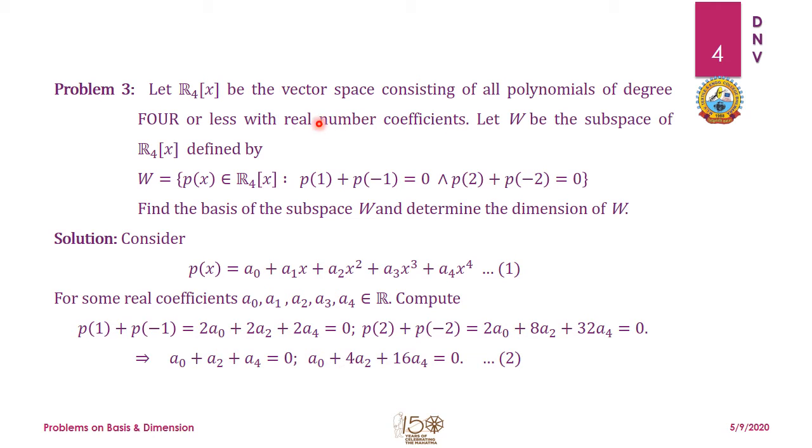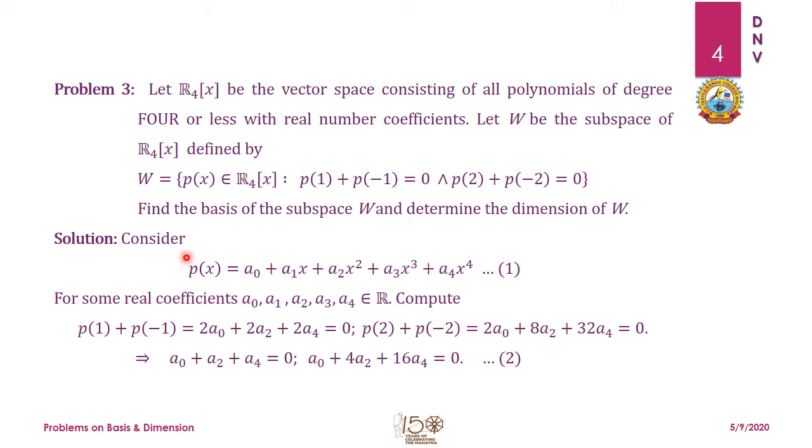So whatever coefficients we are going to deal with will be real numbers only. Let W be the subspace of R4 defined by this set, where p(x) is a member of R4[x] with conditions p(1) plus p(-1) equal to 0 and p(2) plus p(-2) equal to 0. Find the basis of subspace W and determine the dimension of W.